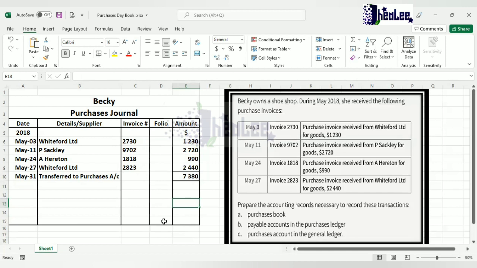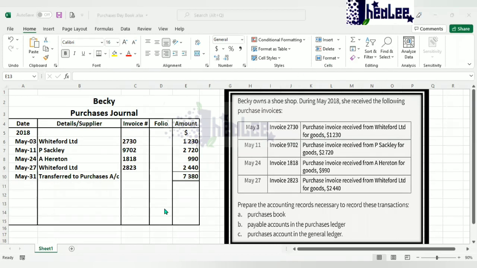Your next step would have been to make the transfer to the individual purchases accounts in the purchases ledger, and transfer your total credit purchases from the purchases journal to the purchases account, which will be located in your general ledger. I will look at B and C in another session.